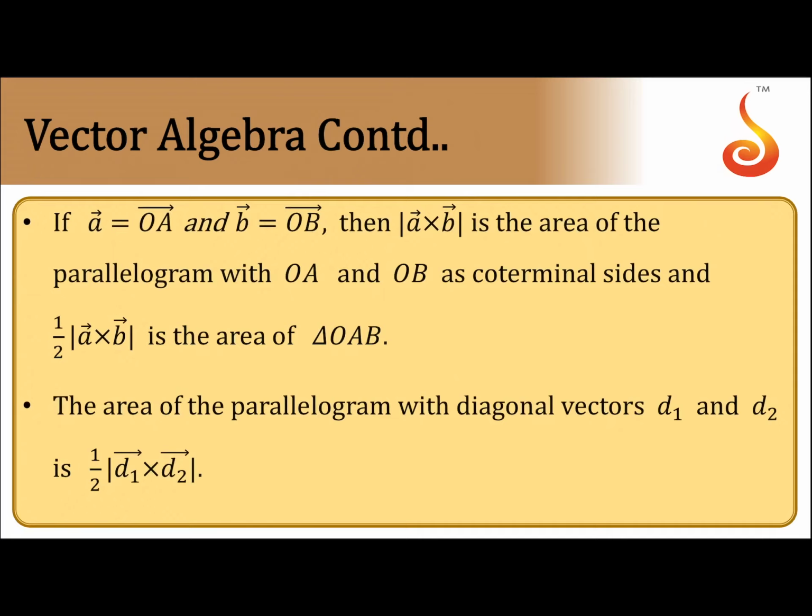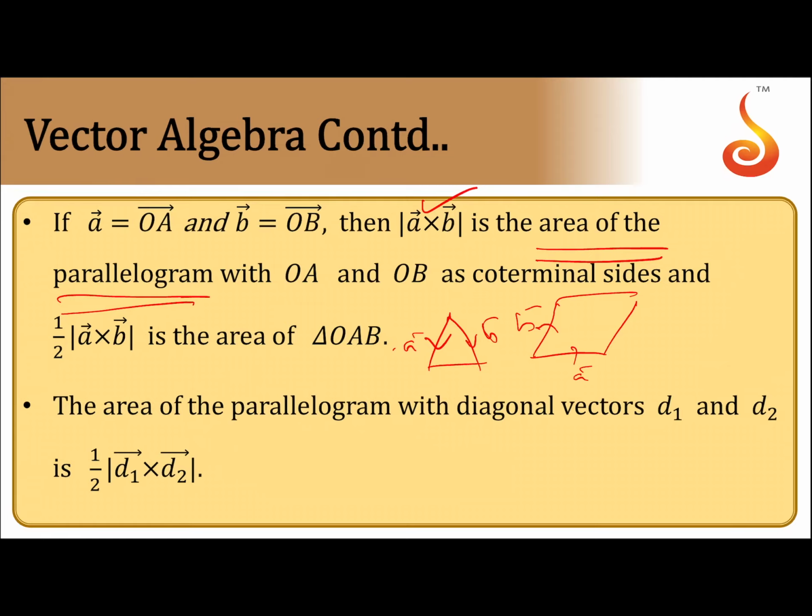Coming to the next one. Geometrically, what does A cross B represent? Remember that if A comma B are the adjacent sides of a parallelogram, then the area of the parallelogram is given by the formula modulus of A cross B. Whereas in the case of a triangle, if A comma B are the adjacent sides, then half of A cross B will be the area of the triangle.